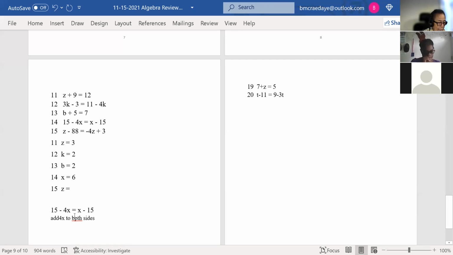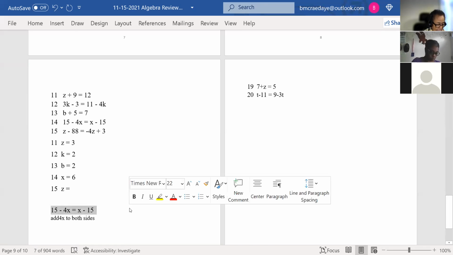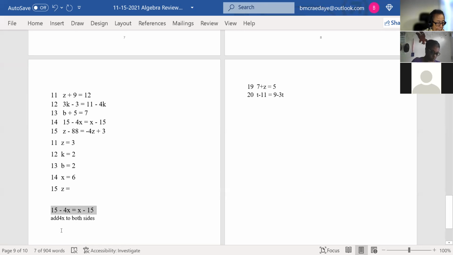And if you do that, let's see. Okay, let's just add the 4x. So we add 4x on the left side and add 4x on the right. So this would be plus 4x, and then add the 4x on the right side, plus 4x.